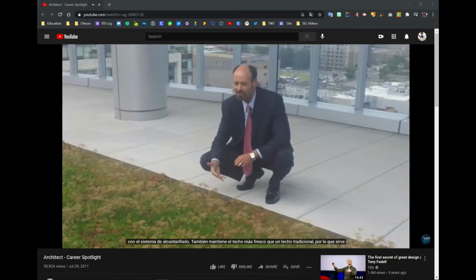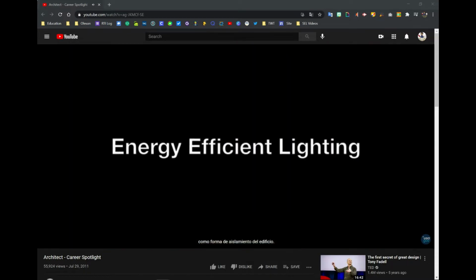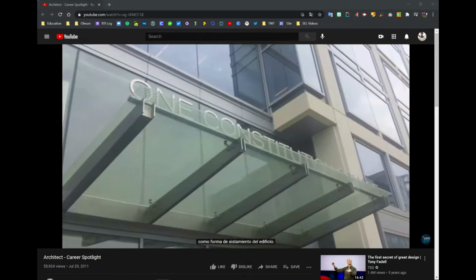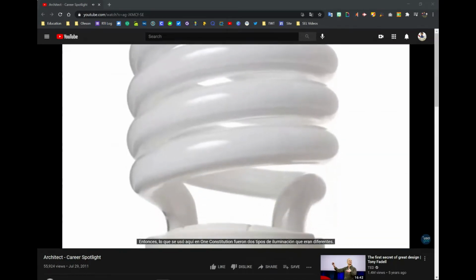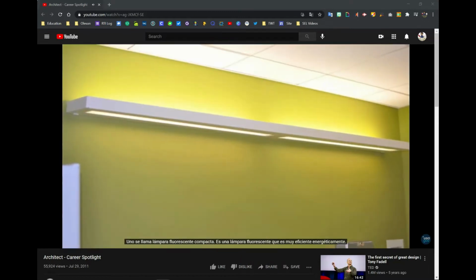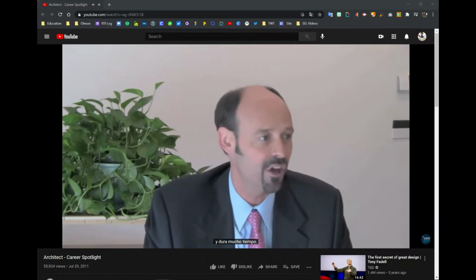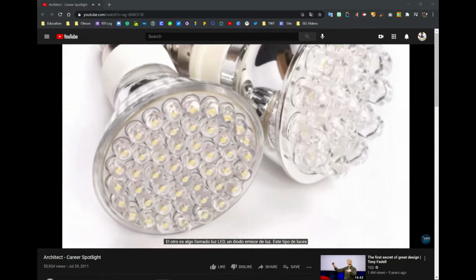It also keeps the roof cooler than a traditional roof, and so it serves as a form of insulation to the building. So what was used here at One Constitution were 2 types of lighting that were different. And one is called a compact fluorescent lamp, and it is a fluorescent lamp that is very energy efficient and lasts a really long time. The other is something called an LED light, a light emitting diode. These types of lights produce very little heat.